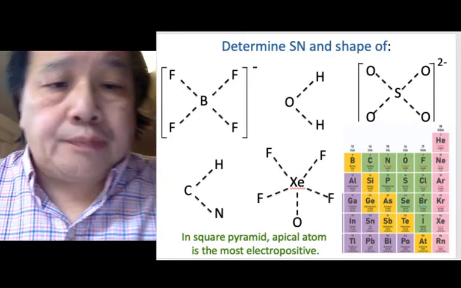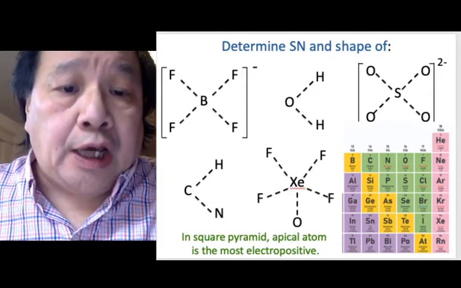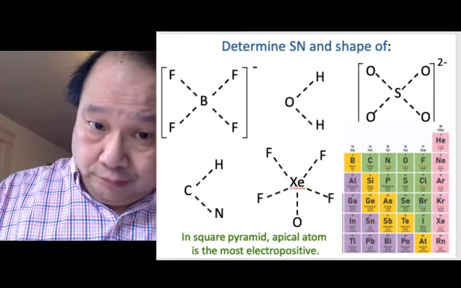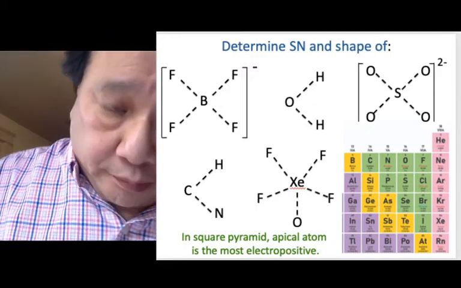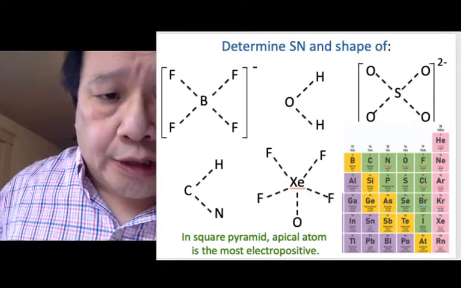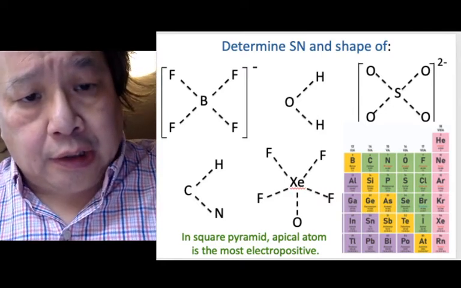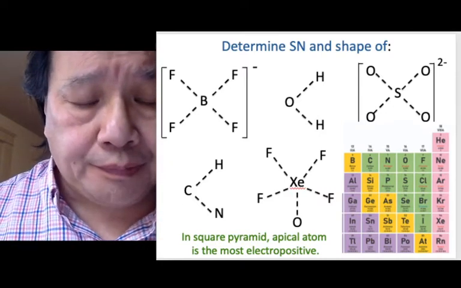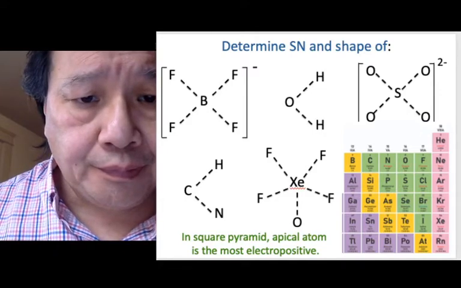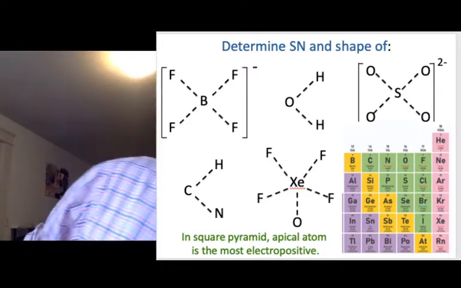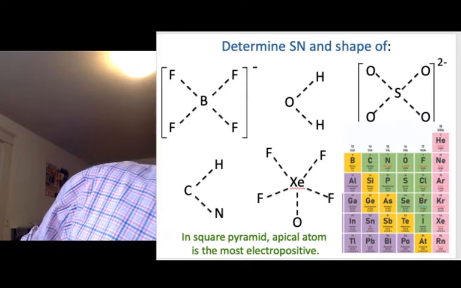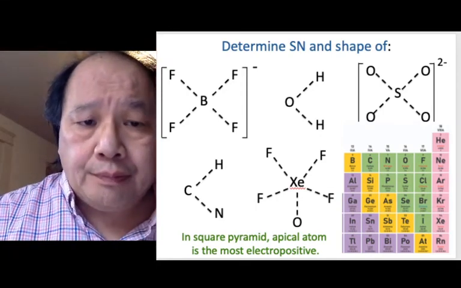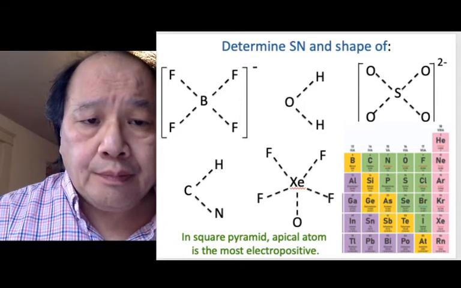Let's do one more. HCN, hydrogen cyanide. And so let's see. Carbon is the central atom. How many valence electrons on carbon? Put it in chat. 4. Hydrogen donates how many? 1.